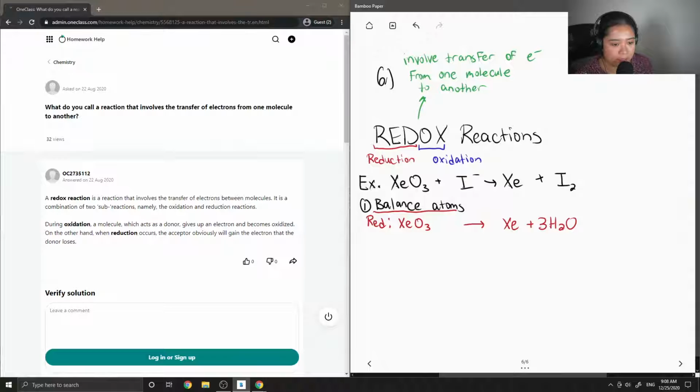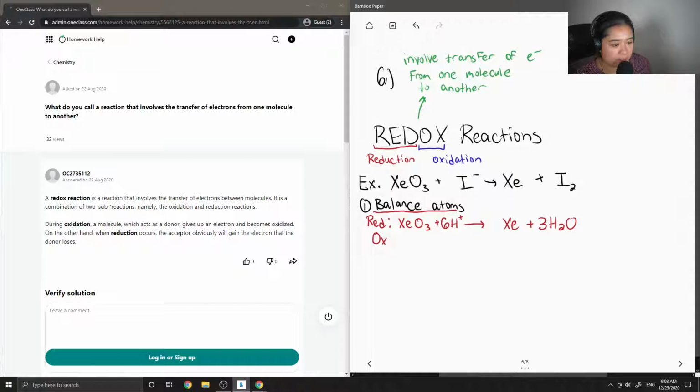And now I have 6 hydrogens in my product side that I need to put in my reactant side. So I'm going to put my 6 protons on my reactant side. Okay, so that's the reduction half reaction.